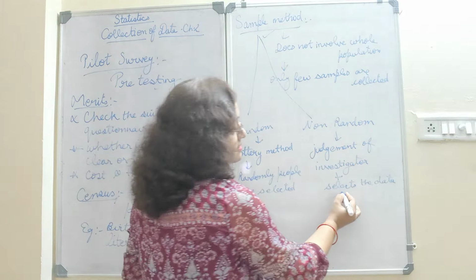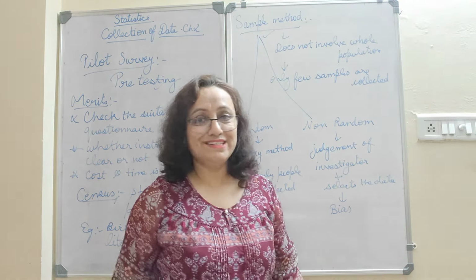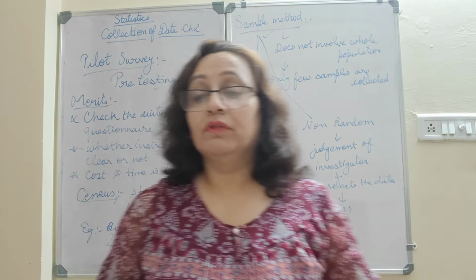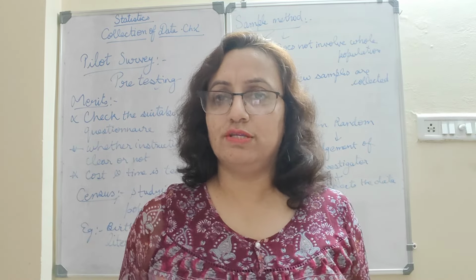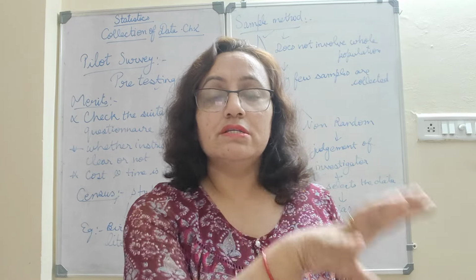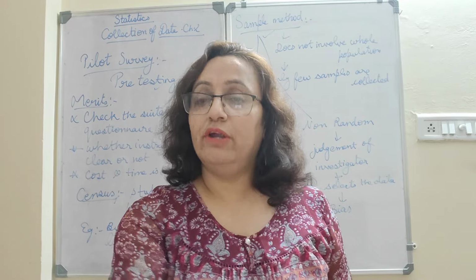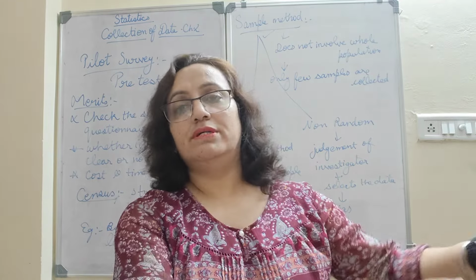So what are the chances in this? It can show some bias, right? Now if I give you the whole class of students and ask you to choose a leader of your choice, what will you do? You will choose the person you like most, or your friend, or the person you know. There are chances that you will make that person the leader.